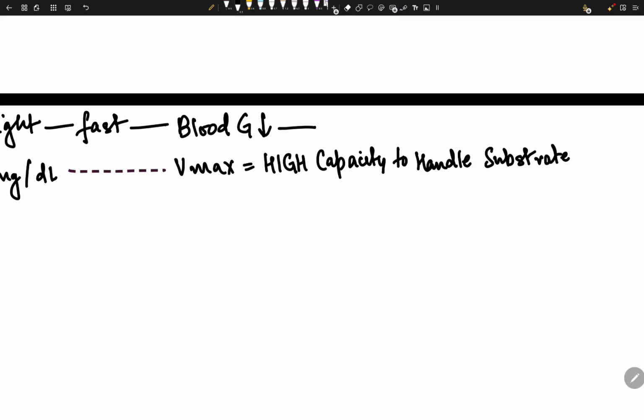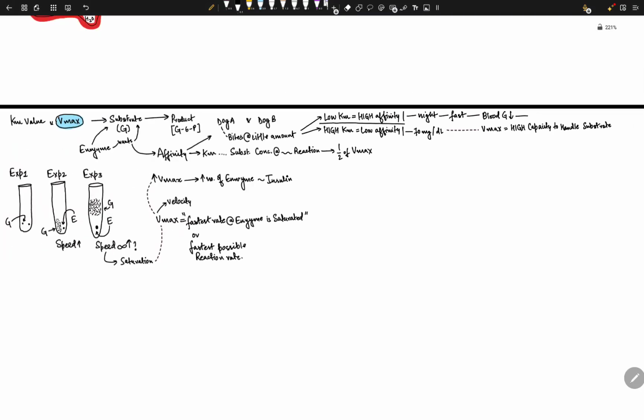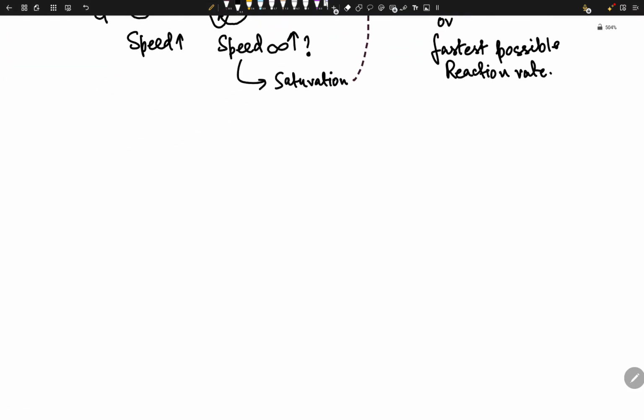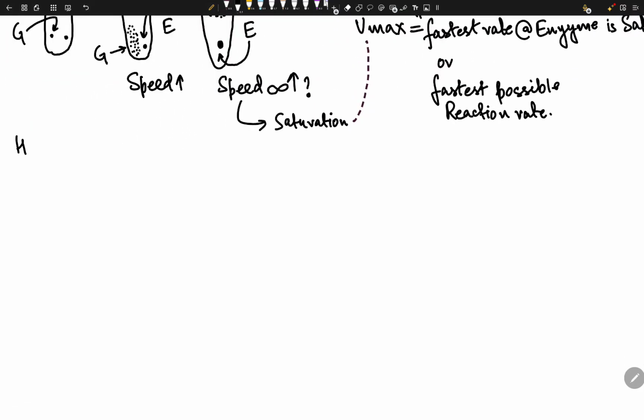And now let's come back to hexokinase and glucokinase. The topic here is that Mr. Hexo needs to work fast. That's the first point. The second point is it needs to work even when you're fasting, and it doesn't need huge capacity, because it doesn't need to clear a higher amount of blood sugar.